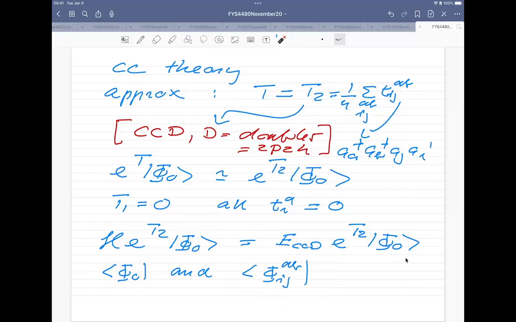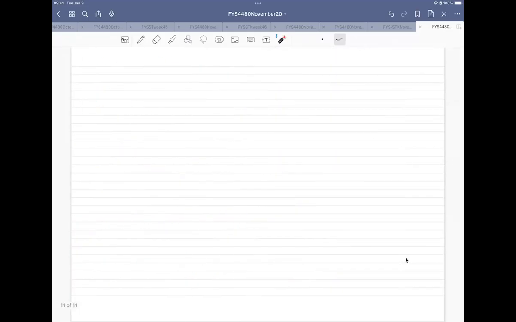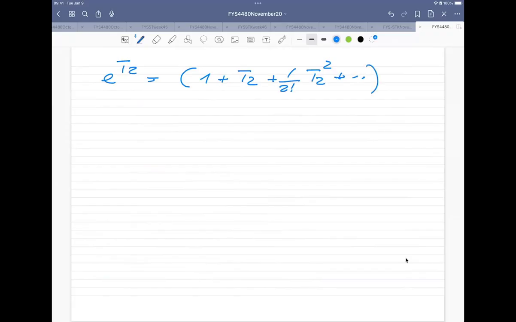And we're also going to keep in mind the Taylor expansion of e^{T2}: 1 plus T2 plus 1/2! T2 squared, et cetera. So this is what the operator is going to look like, but let's wait with writing that one down.